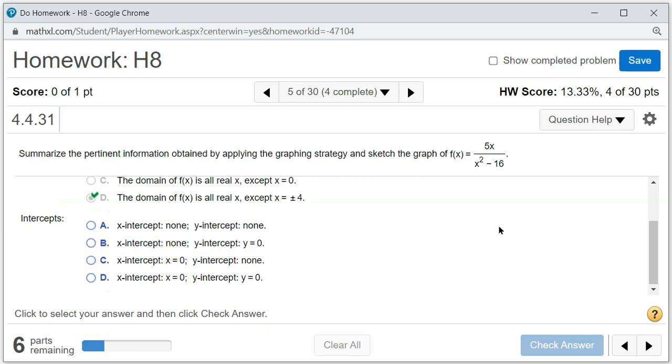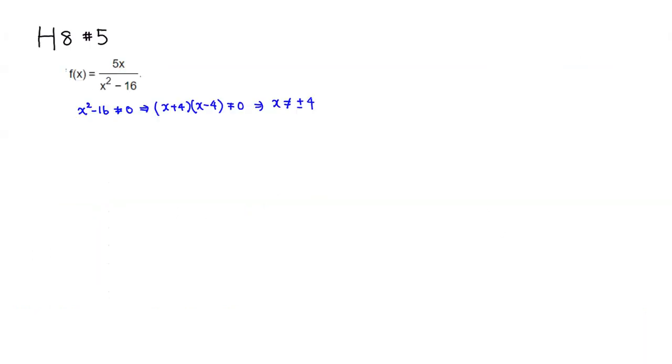Next we want to find the x-intercepts and the y-intercept. Let's find the x-intercept. We set y equal to 0, which means we take the whole function and set it equal to 0. To make the fraction equal to 0, we have to make the numerator equal to 0.